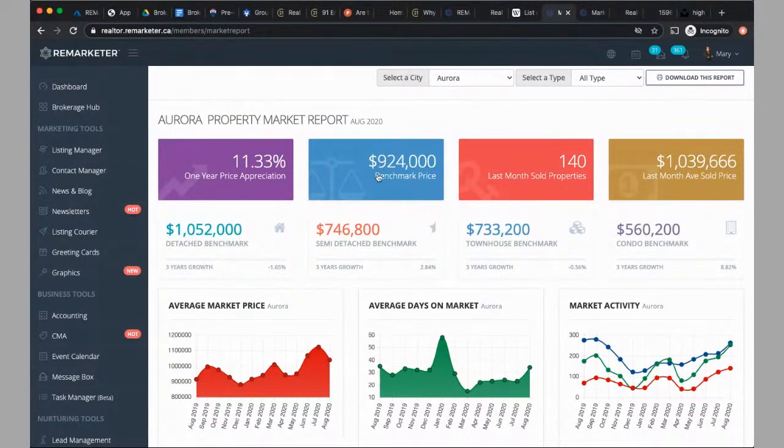No. This is not the only number that you would be looking at. For that, you would have to look at the benchmark price, the average price, the DOM, the inventory, the season, the trend.